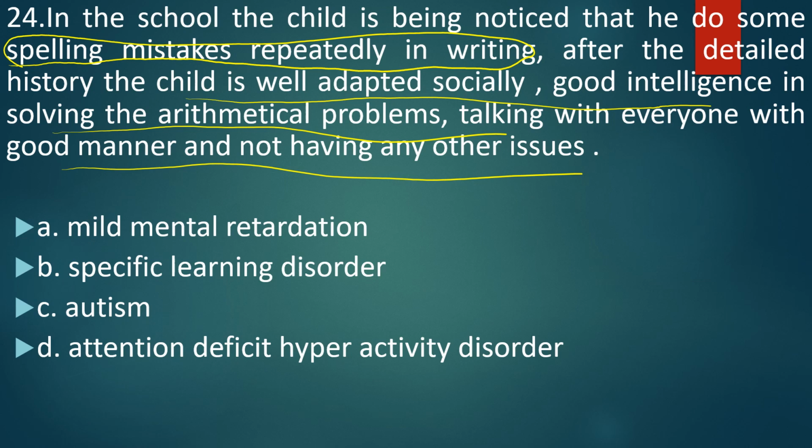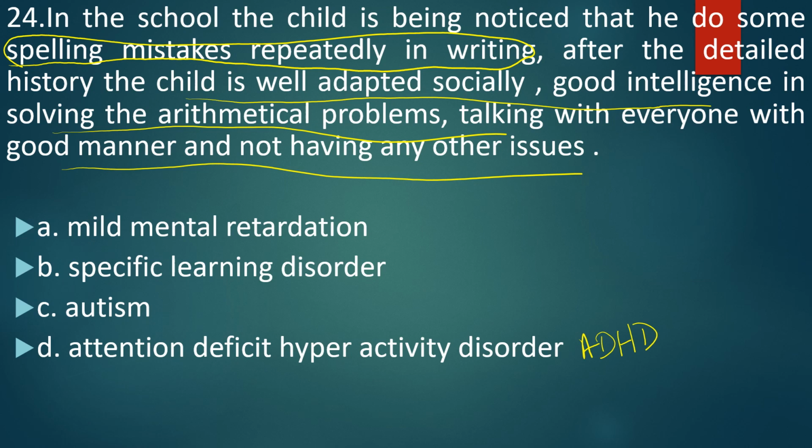Option A is mild mental retardation. Option B, specific learning disorder. Option C, autism. Option D, attention deficit hyperactivity disorder, they call it ADHD. Let's see first what is mild mental retardation.